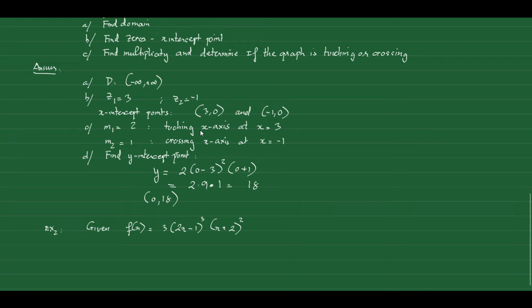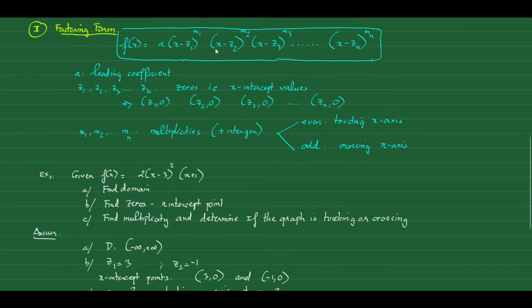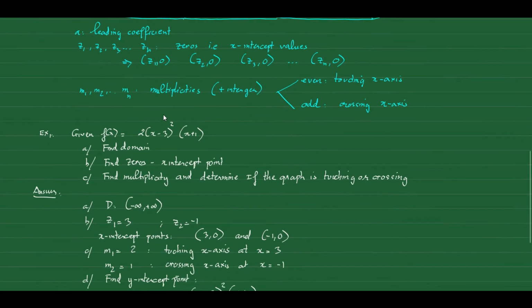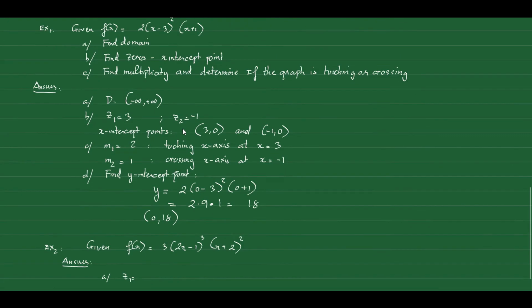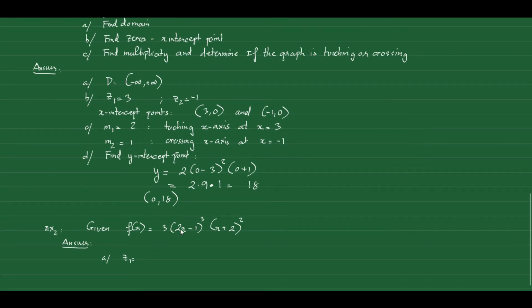Alright, so we're going to find all the questions here. The domain, again, will be negative infinity to positive infinity, so I'm not going to mention that much. So what is z1, which is a zero? Most of the time you will think that it's 1, right? But it's not this time, because you see the difference between this and the formula: there's nothing in front of the x, but now there's a number 2 in front of the x.